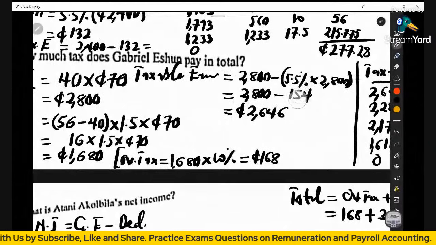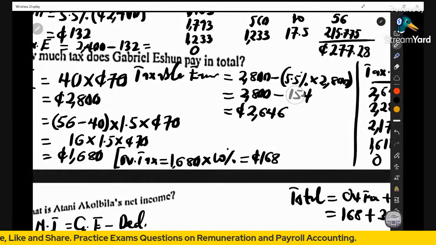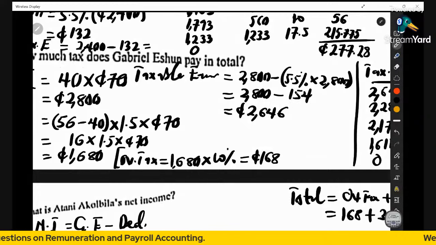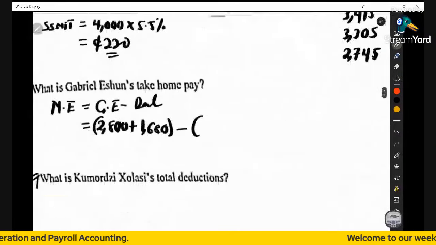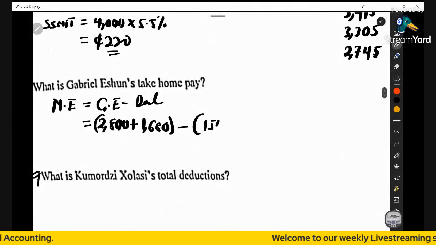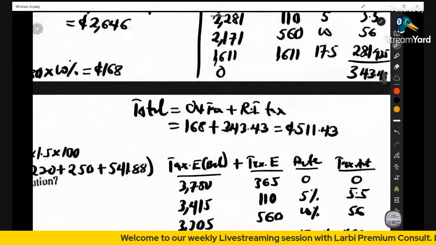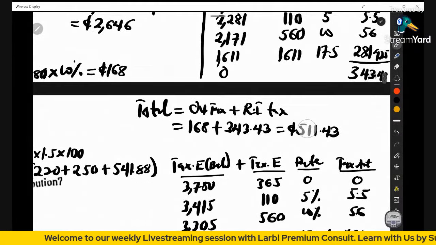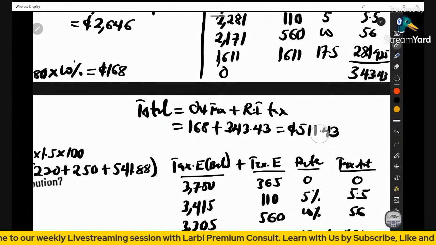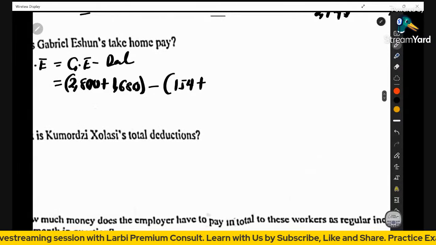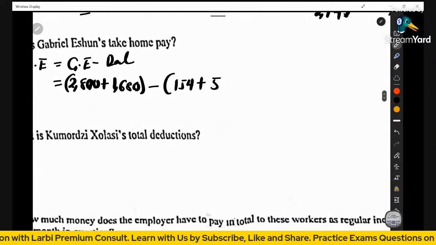So the net contribution, being the first part of the deduction, is 154. All right, so bring that here, 154. Okay, plus the total tax that Gabriel paid, which was 511.43. So we also bring that here as part of the equation, 511.43.